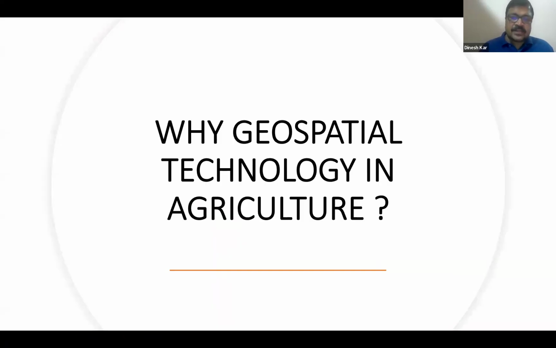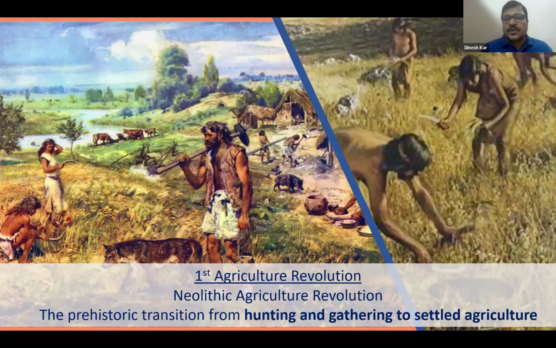So let us first try to find out why geospatial technology in agriculture. So why are we discussing this? As we know, when we started agriculture, it was all kind of hunting and gathering.